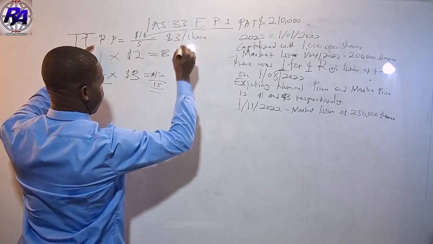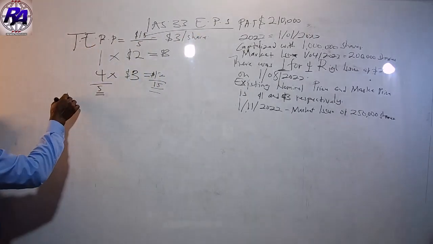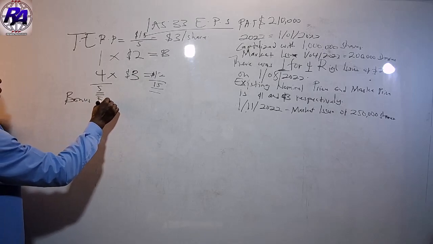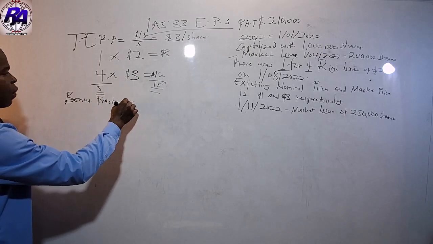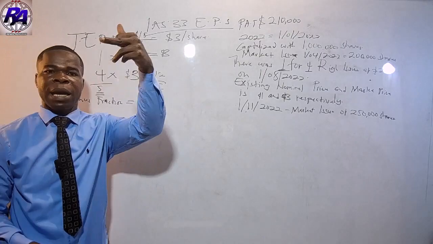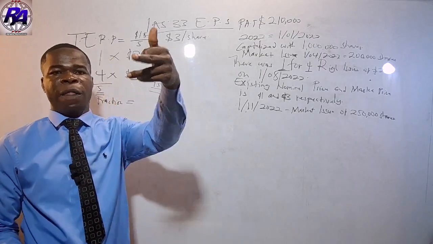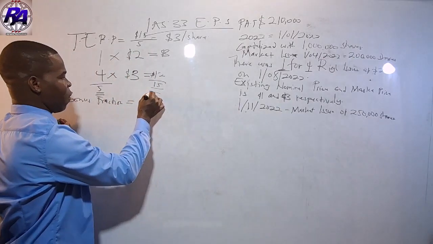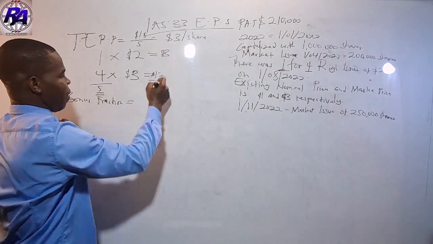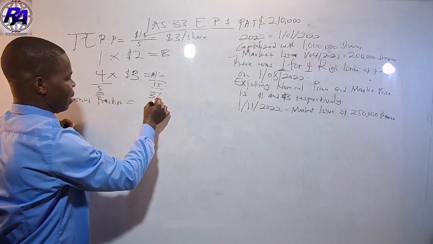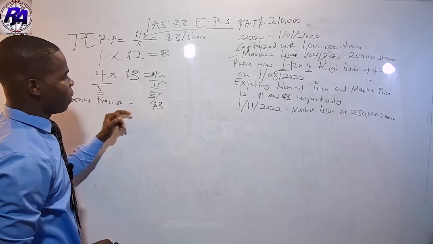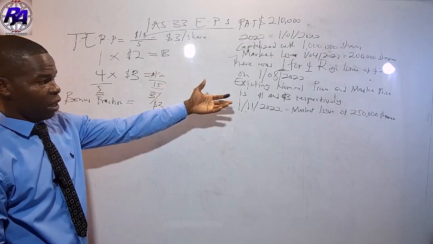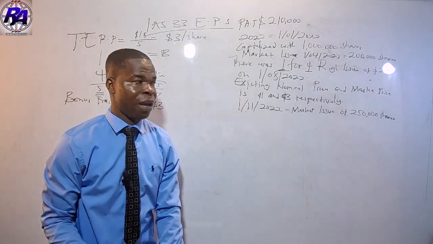Now our bonus fraction in this case is going to be the market price before the right issue, which is 3, divided by 3, which gives us 1. It's quite unfortunate, the questions were formulated from my head.